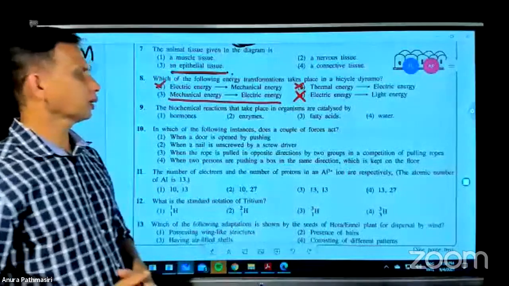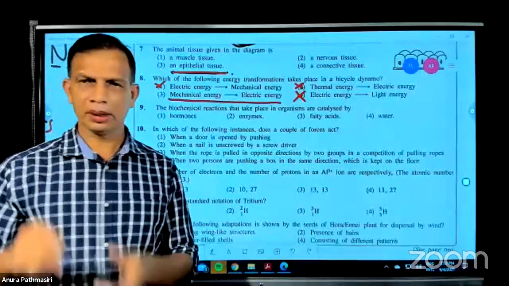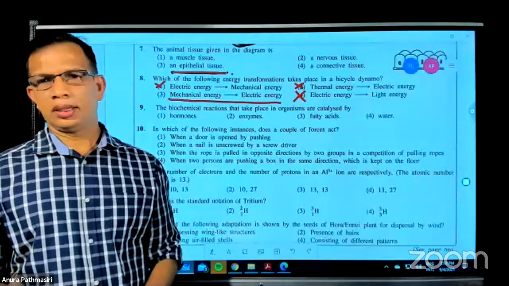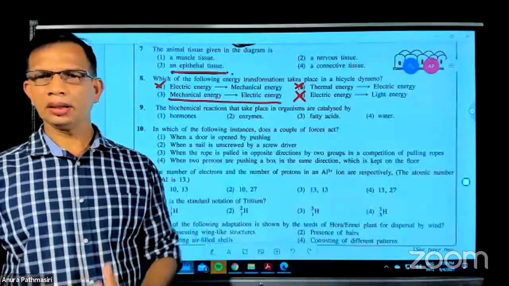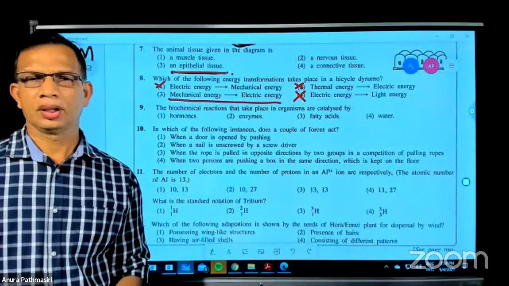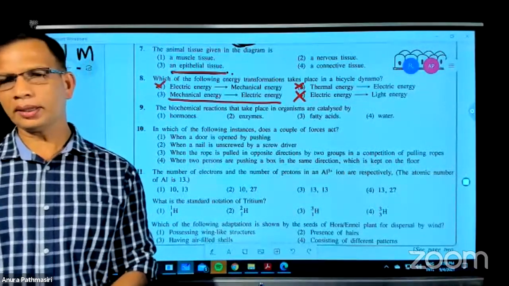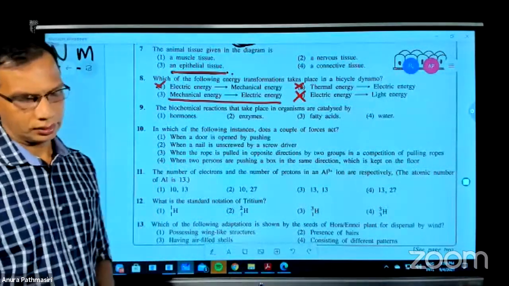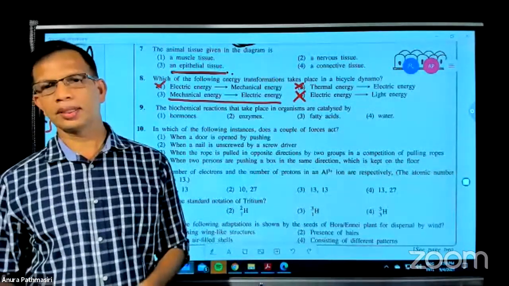The biochemical reactions that take place in organisms are catalyzed by hormones, enzymes, fatty acids, water. Water will never catalyze anything.